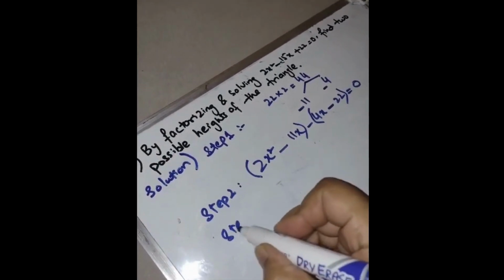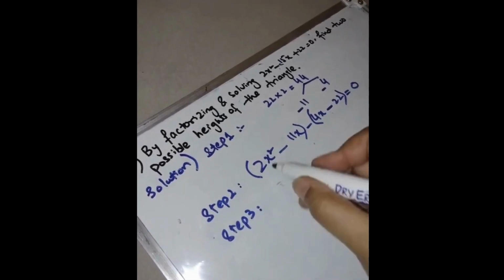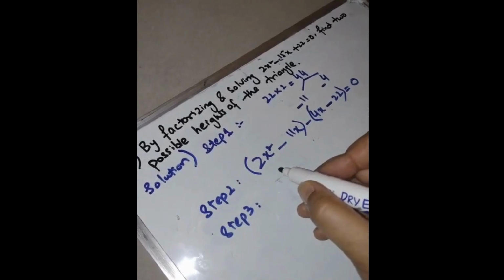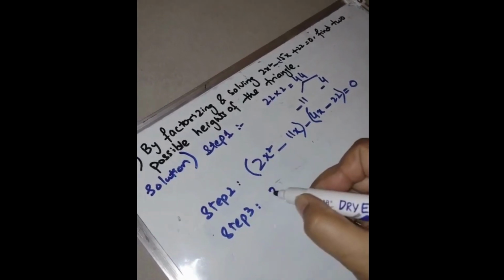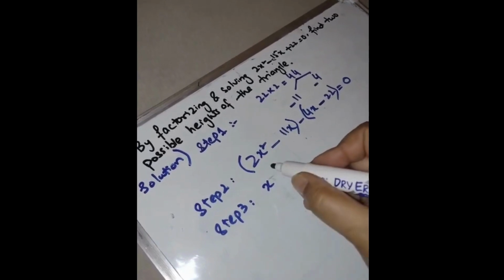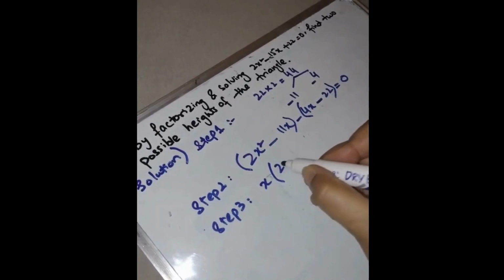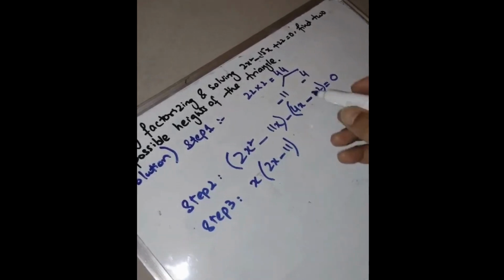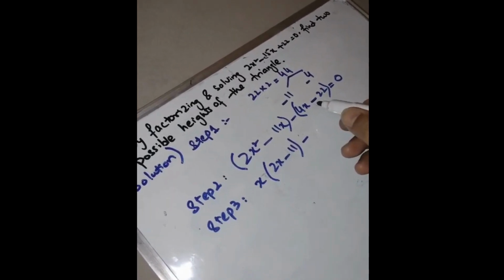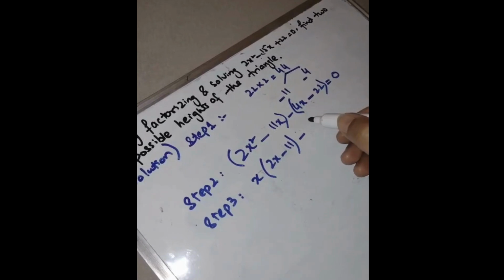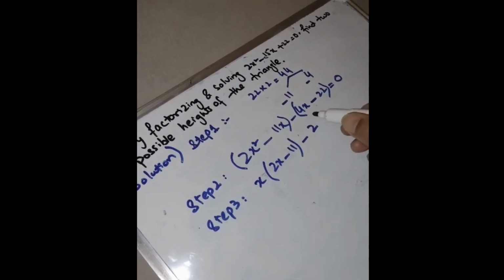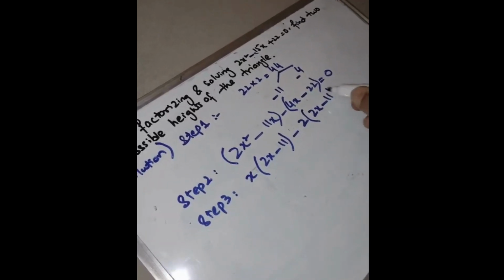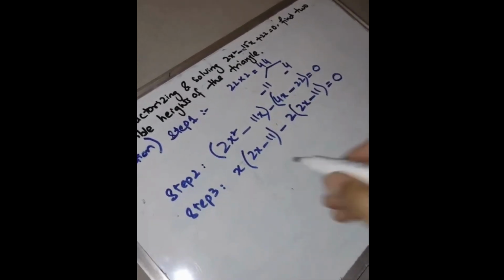Now step 3, I'm taking commons. So here we have x common, so it will become 2x minus 11. And if I take minus 2 common, so again it will become 2x minus 11 inside the bracket.